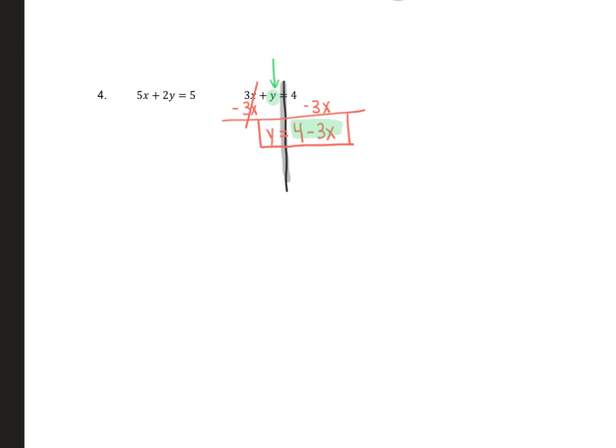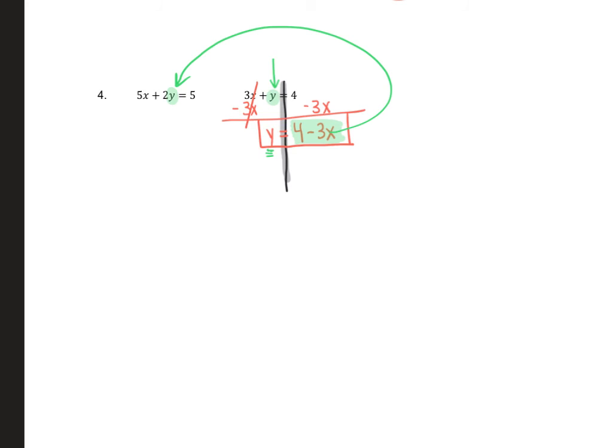Now, this being y equals 4 minus 3x, we know since the y is alone, in the first equation, that's where we're plugging it. We're plugging it into the y. So we're going to bring this over here and we're going to put it in here, because this is what's alone.